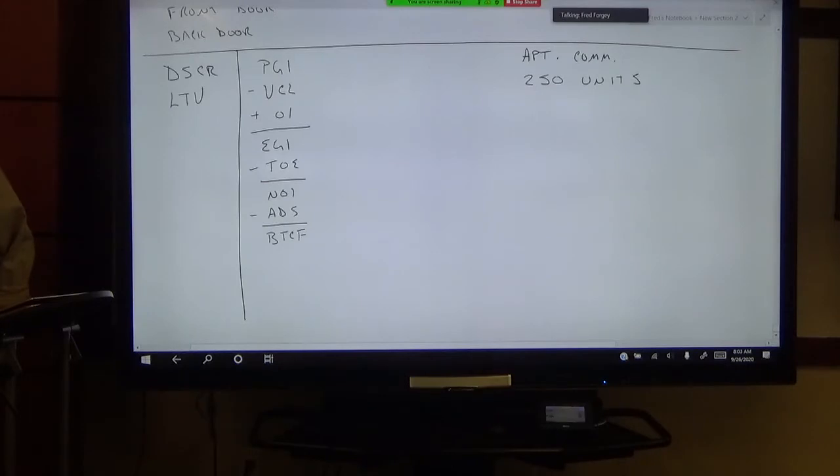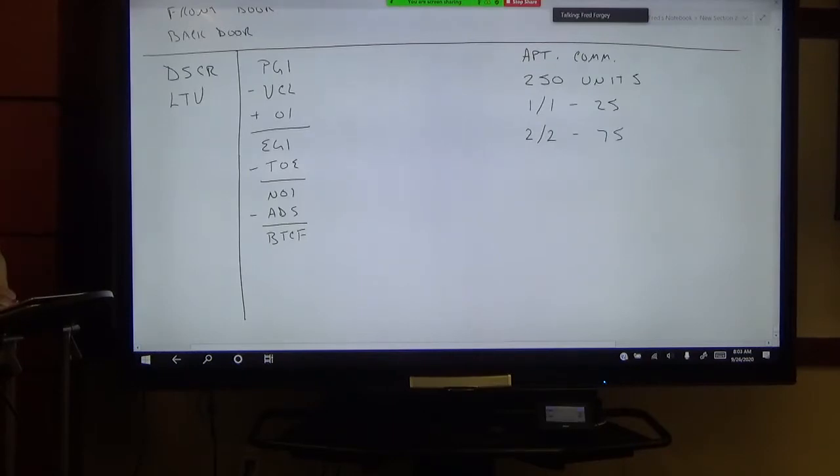All right, now, in terms of the mix of these units, let's just say that we've got, how many of them are, let's say, one bed, one bath? 10% on that. How much? 10%, 25. Okay. How many are two bed, two baths? 75.